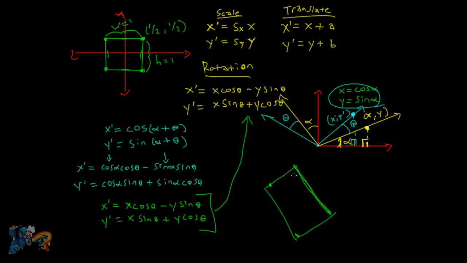This looks to me like an object that started as this, was rotated by a certain angle, I don't know, maybe 45 degrees or so, and then scaled only along the y-axis, because it got longer, and who knows if it was translated, because I'm not showing you the axis.